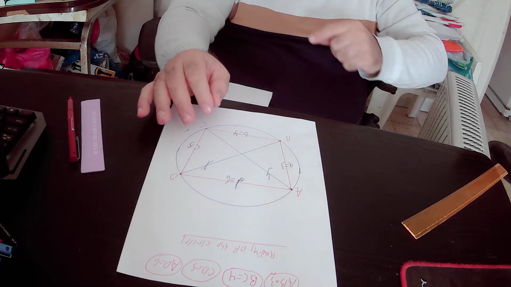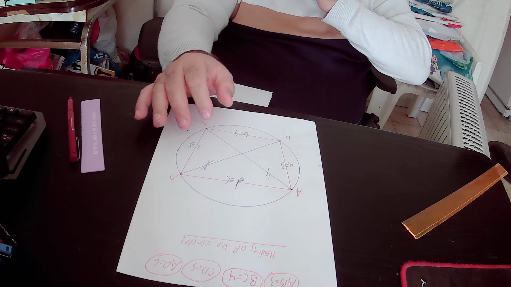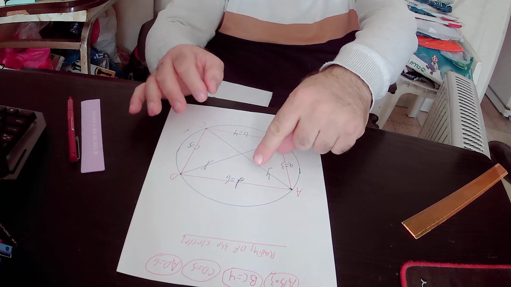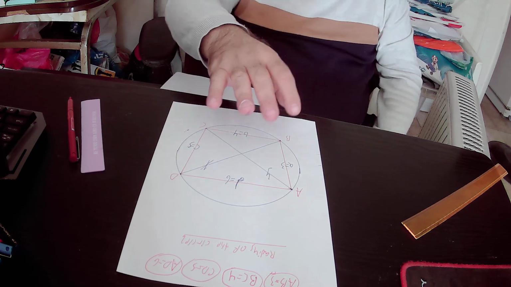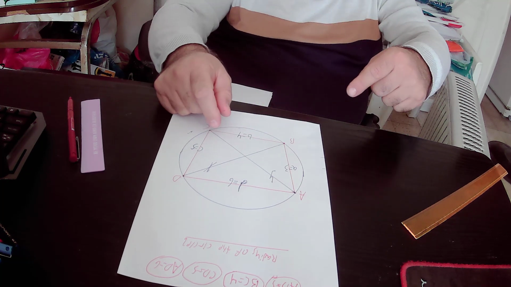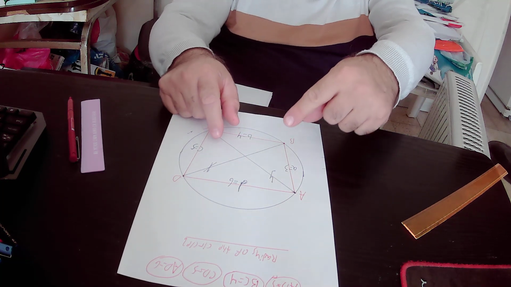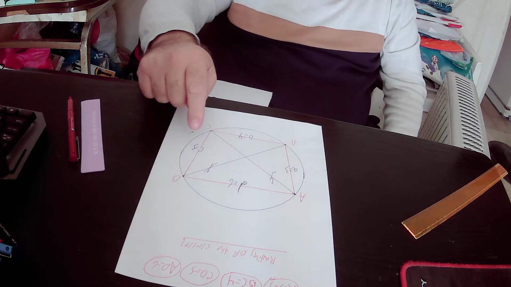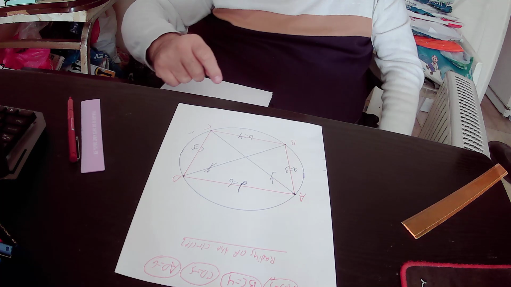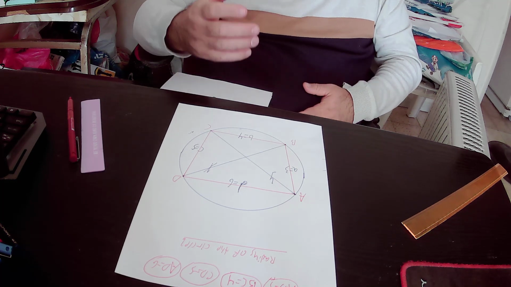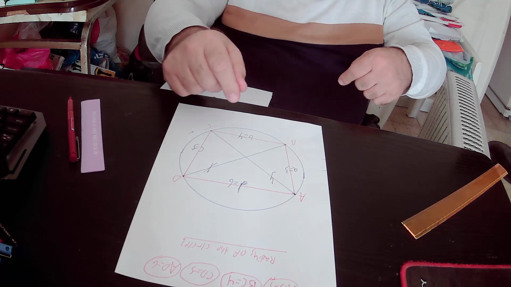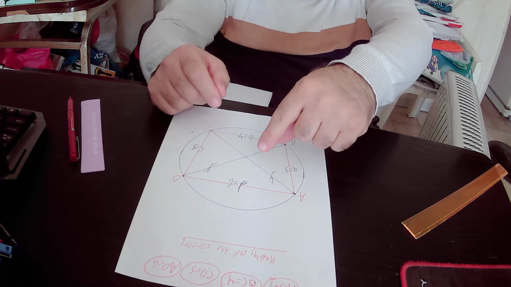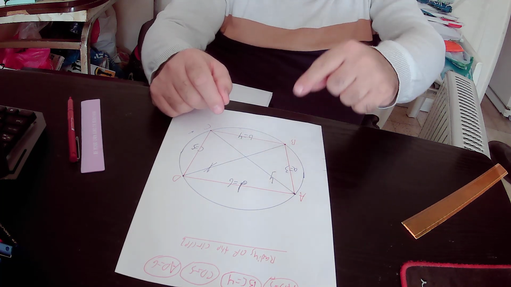If you add triangle BDC to triangle ABD, you will get quadrilateral ABCD. Therefore, the area of quadrilateral ABCD will be equal to the area of triangle BDC plus the area of triangle ABD that quadrilateral ABCD consists of.